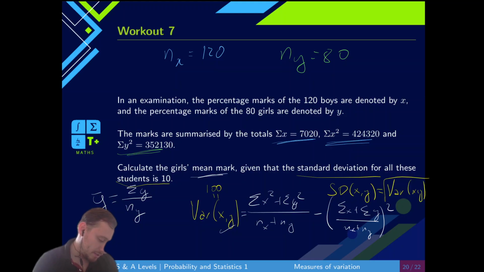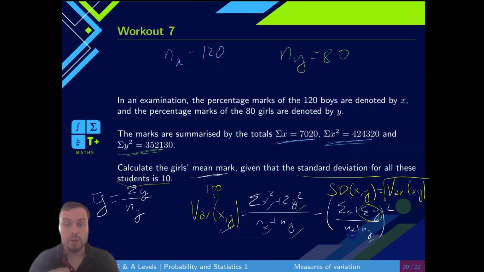So here we look at this and we know this is 100. We know this because we have it here. All of the data with x, we know it. And for y, we know the number of y's and we know the sum of the squares. So from this equation, we can find the value of the sum of y. We make some operations.